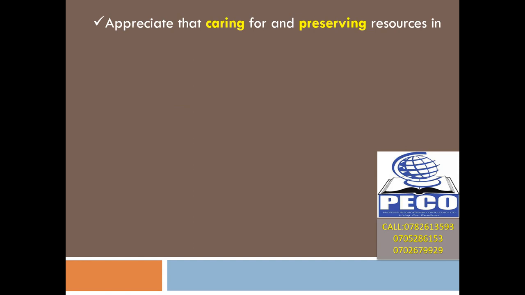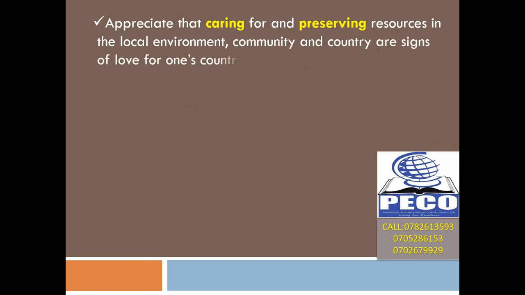Then we shall appreciate that caring and preserving resources in the local environment, in our community and the country, are all signs of love for one's country. That is what we call patriotism.